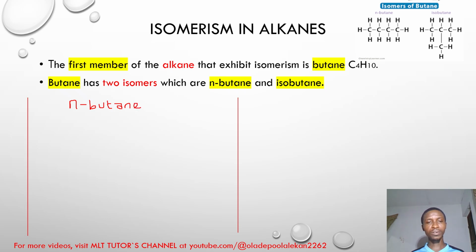In order to draw the structural formula, we need the molecular formula, which is C4H10. So the first thing is to draw the 4 linear carbon chain. It is made up of 4 linear carbon chains in the N-butane.